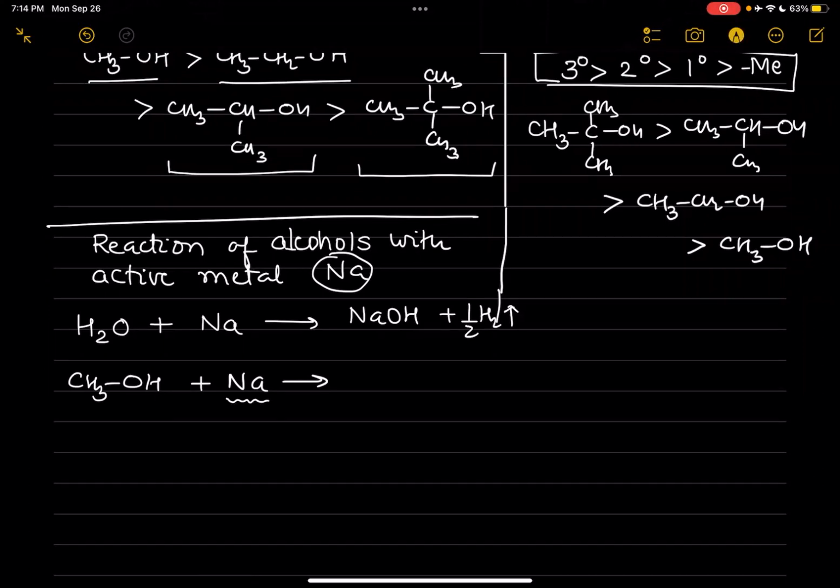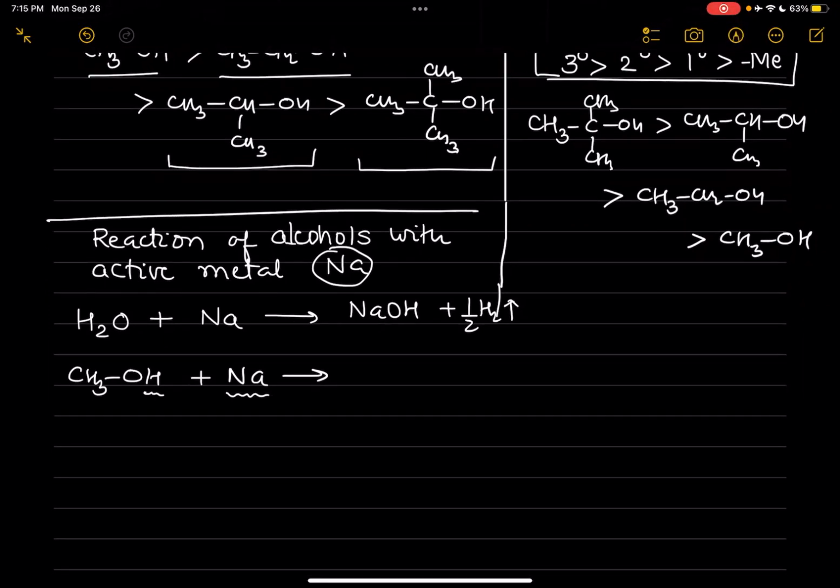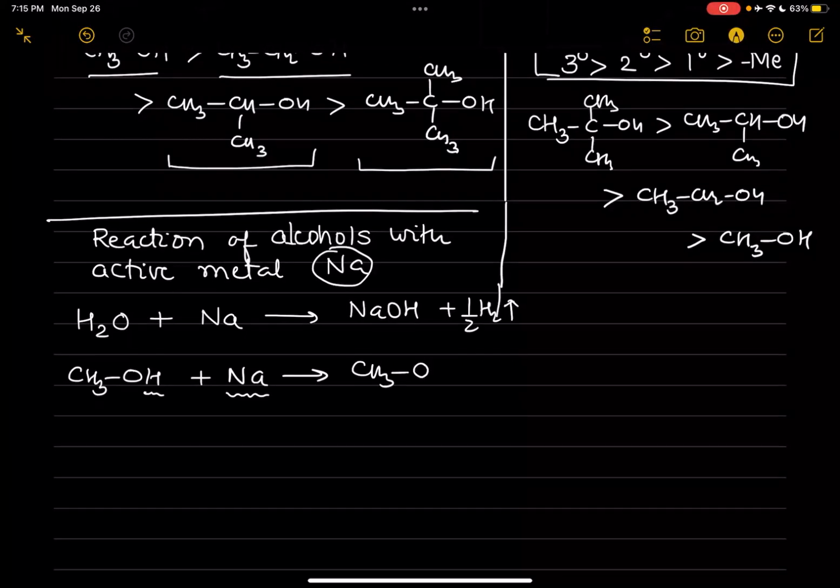So this is a more reactive metal. Metals have a tendency to react very quickly and they replace the less reactive element. So sodium is going to come in and H plus is going to come out, right? So you are going to have CH3ONa and hydrogen gas is going to liberate.